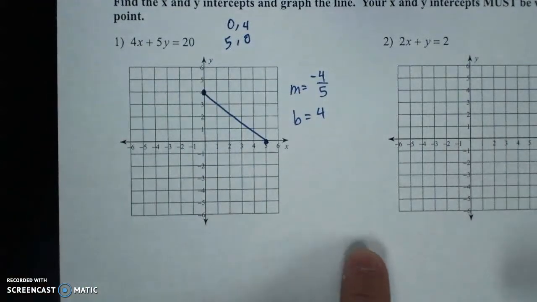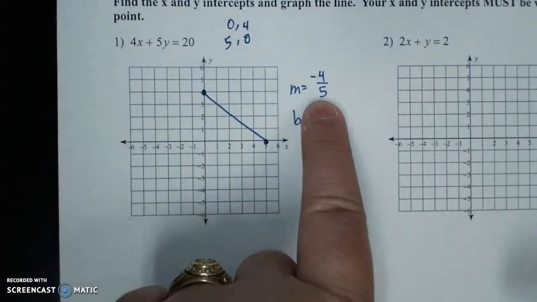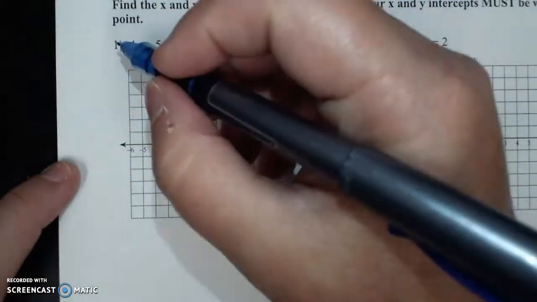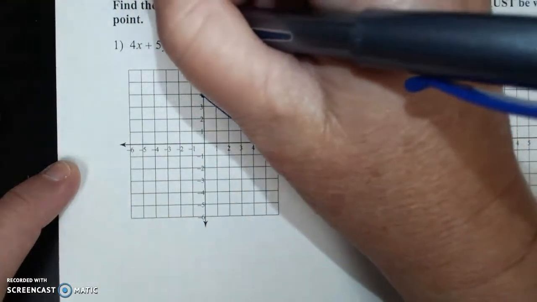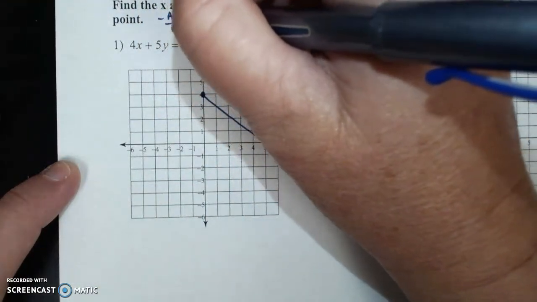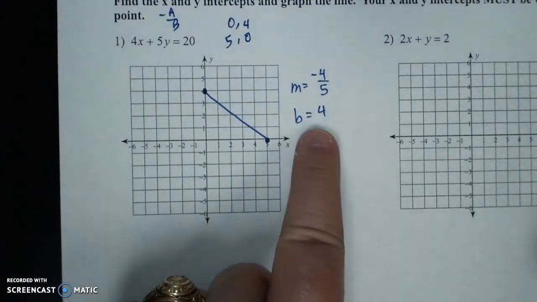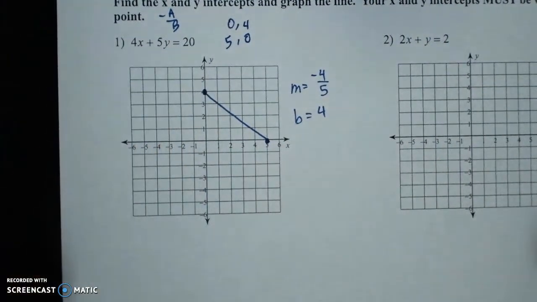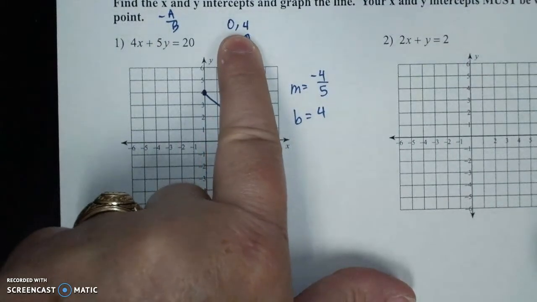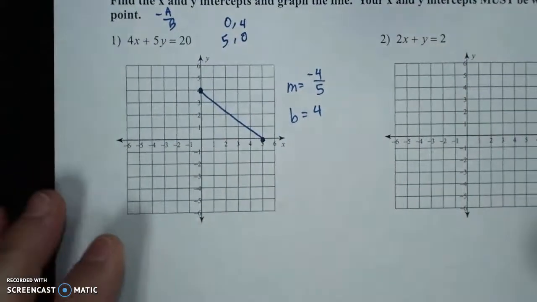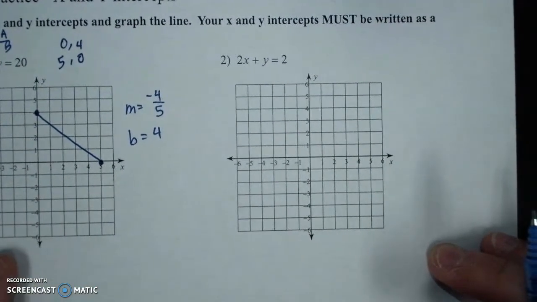If you ask me what the slope of that line is, I could tell you -4/5. Also, in standard form, slope is the opposite of a over b, which is there also. My y-intercept I found by plugging in, because all y-intercepts have the form (0, a number).